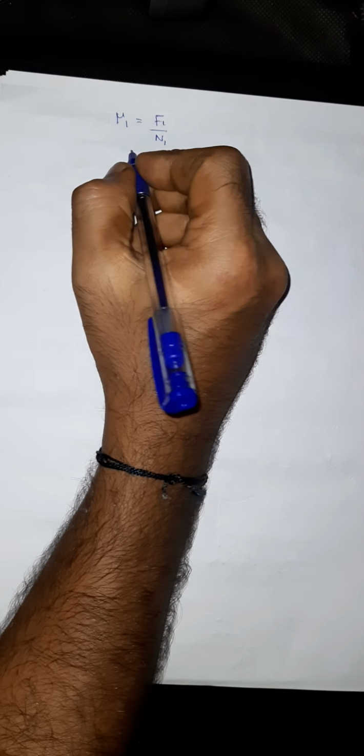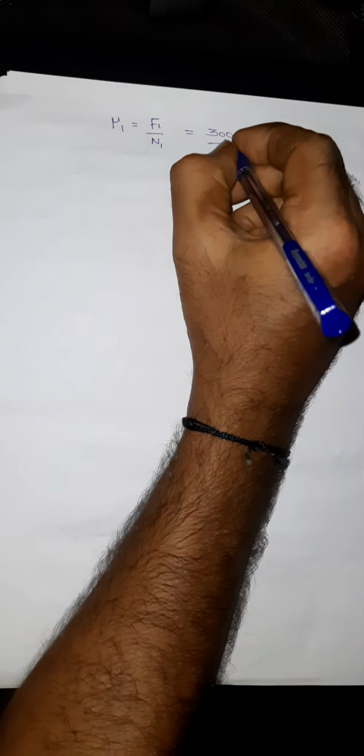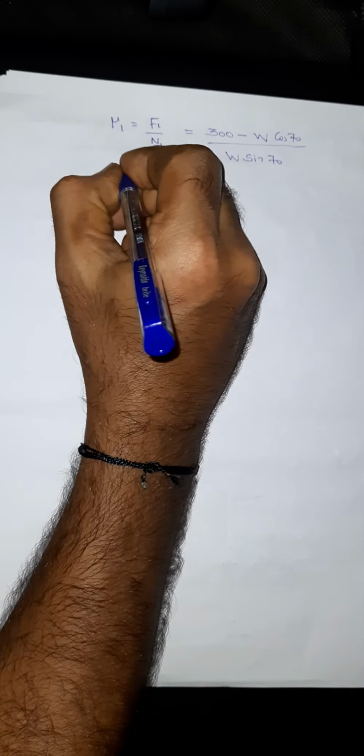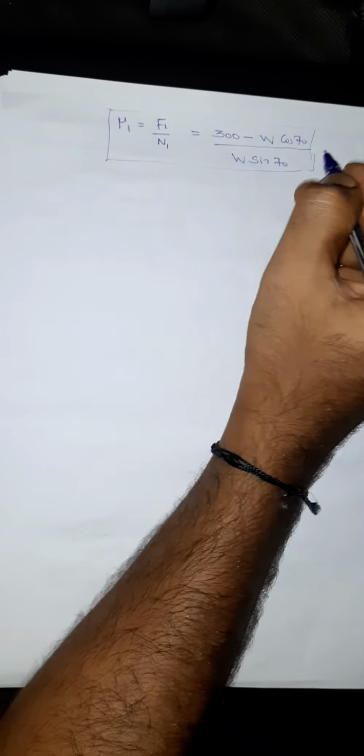As you know, mu equal to F by N, that is limiting friction to the normal reaction. So F value is 300 minus W cos 70, and the N value from equation number 2 is W sine 70. So mu1 equals this, equation number 3.